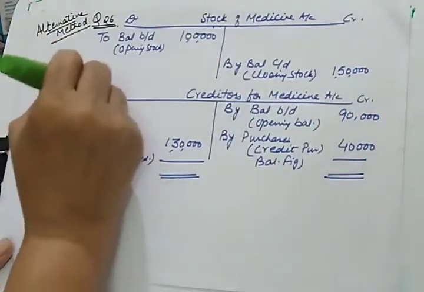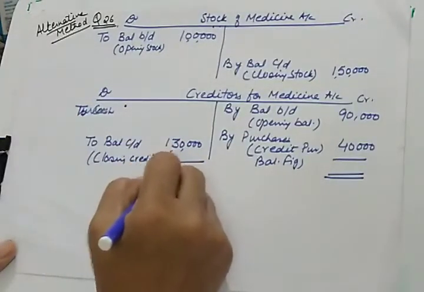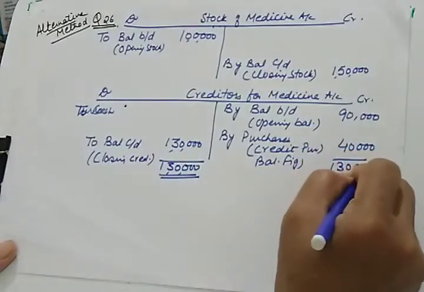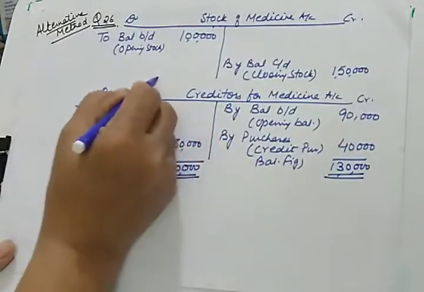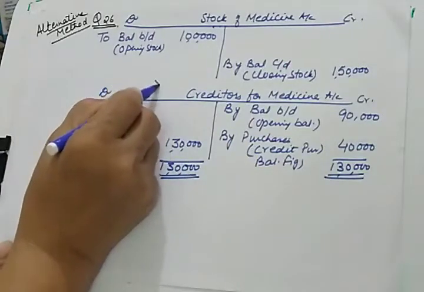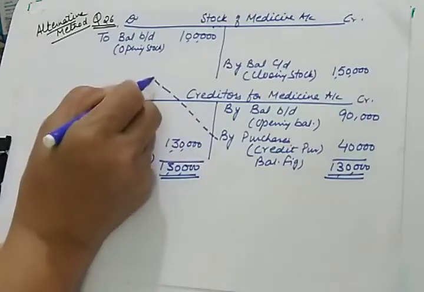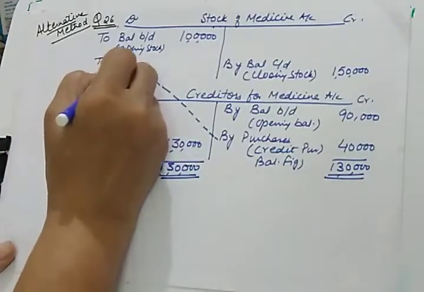So you can remove this. This is 1,30,000 and 1,30,000, and you know that this will go here also. So I am denoting this by a dotted line. It is to be recorded here, but before that you need to record cash purchases.